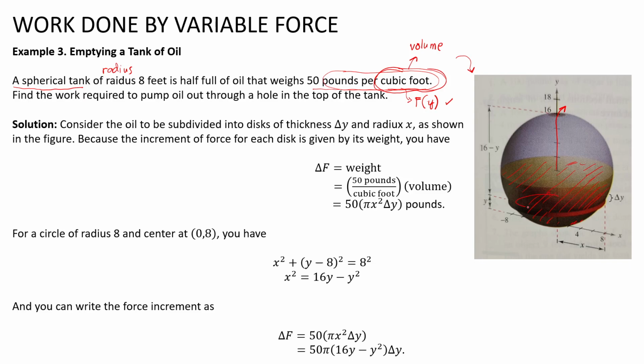Since we can generate the volume for the differential disk, the distance y is your dy, and the circle is pi r squared or pi x squared. So the term here, you can also create as 50 pi x squared dy.